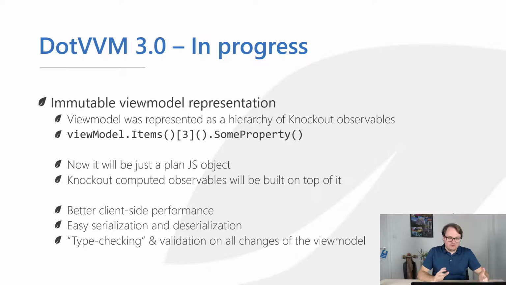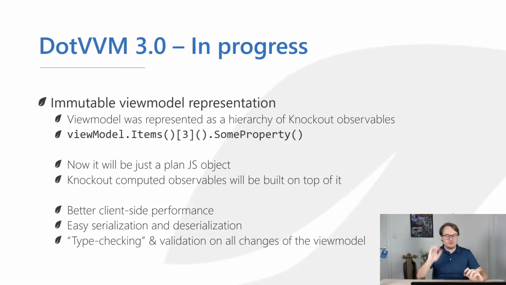This should also give us better client-side performance, because right now a lot of time is spent deserializing and serializing the model and wrapping it in the knockout observables, and we won't need to do this anymore, because we just take the object and use it as the immutable view model state.